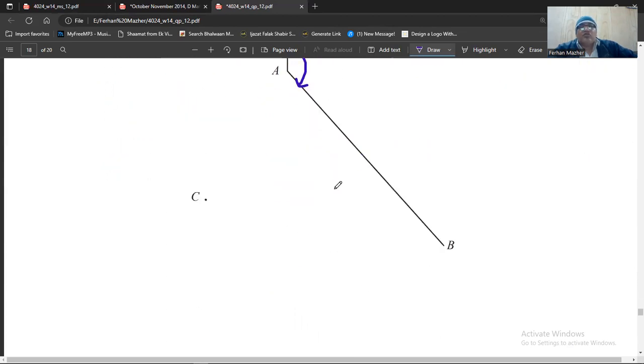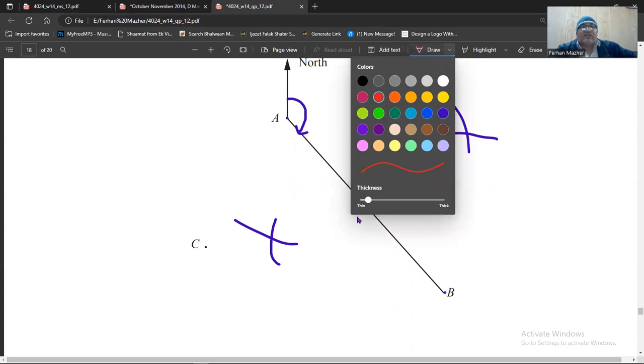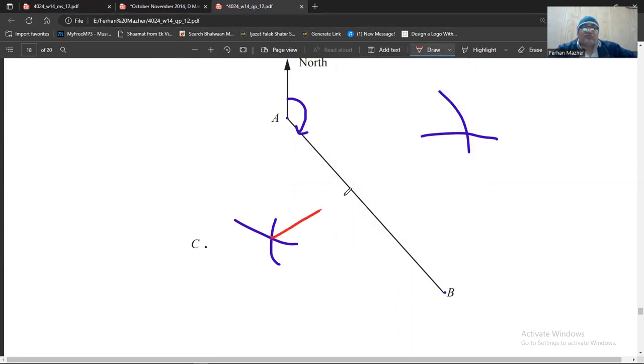Okay. You put your compass here, you open it more than half of AB, you draw an arc here, you draw an arc here. Then you put the compass here, you draw an arc here, you draw an arc here. And then you join these two points, I mean this point and this point.